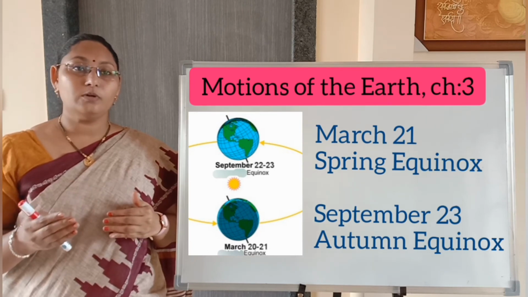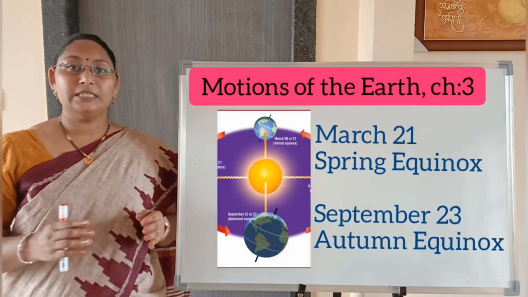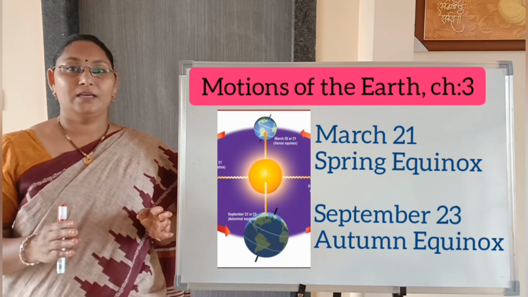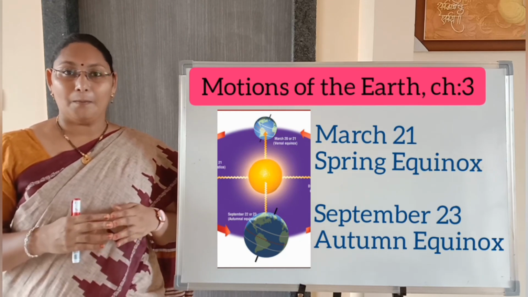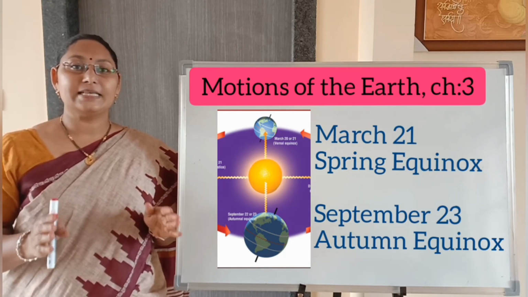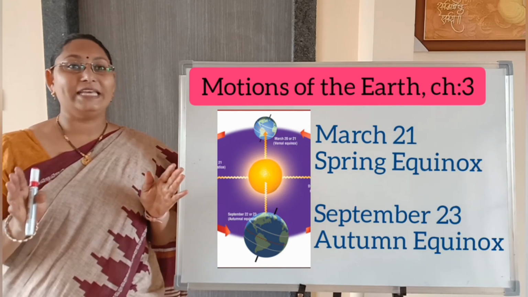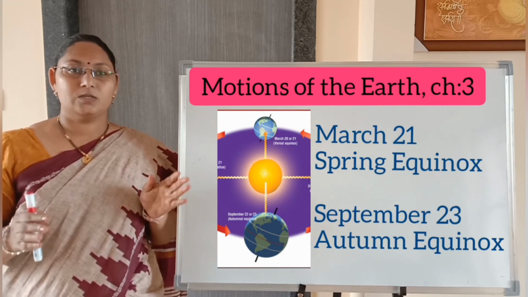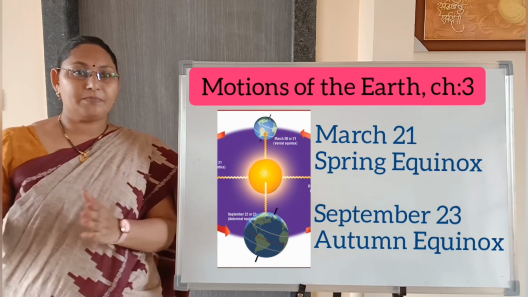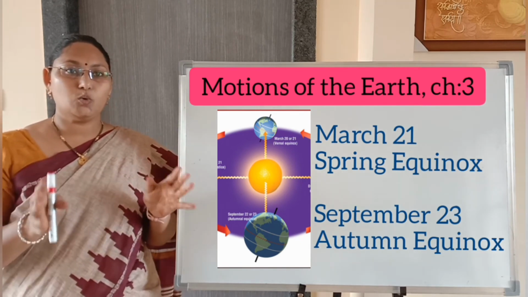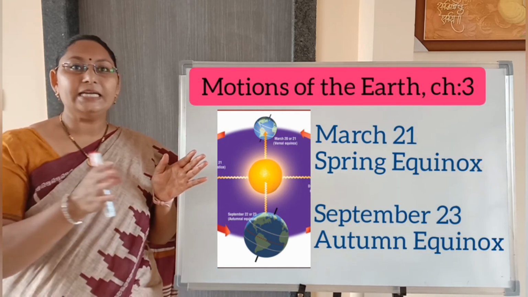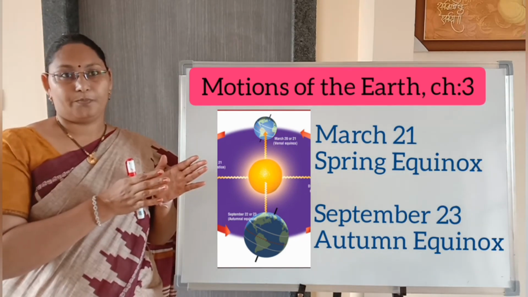Either the North Pole or the South Pole does not receive any sun rays. It means the sun rays directly fall on equator. So on March 21st and September 23rd, the sun rays will hit the equator.